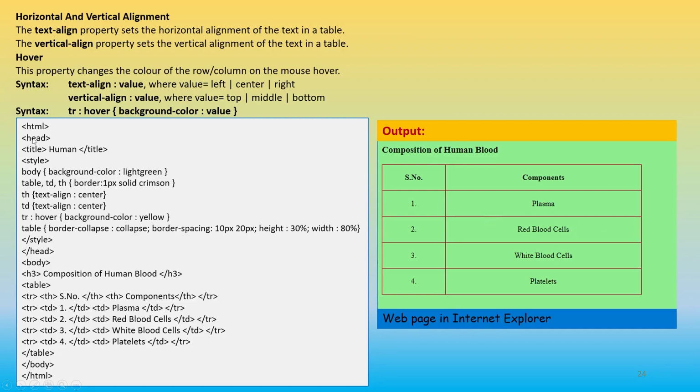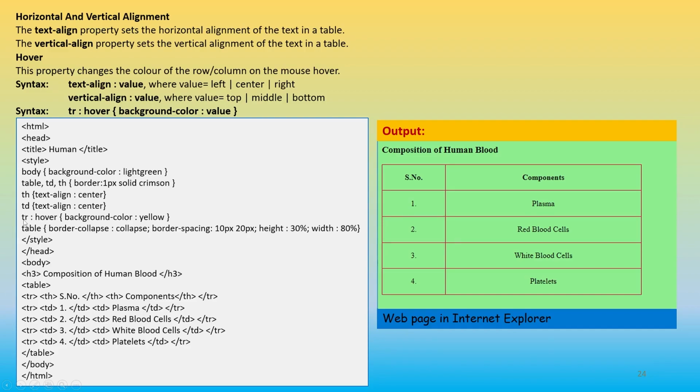Now I will write the program here. Under the style I have given my internal styling as background color light green, which you can see here. Then for the table, table data and table heading we have border 1 pixel and solid crimson color. In the header row, the text alignment is centered, and in table data also the text alignment is centered.